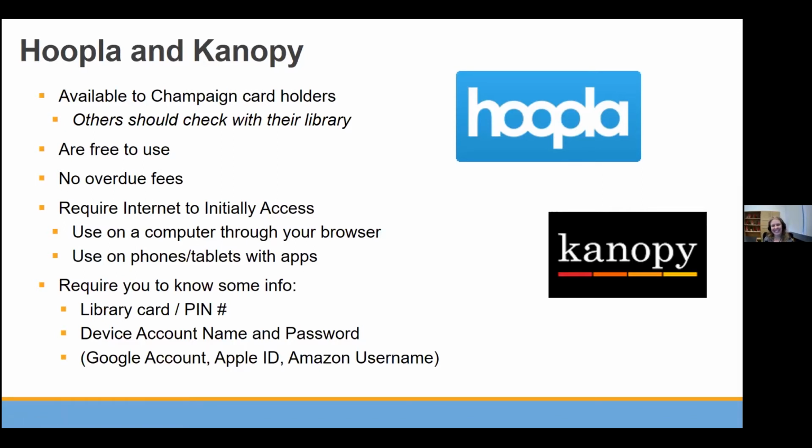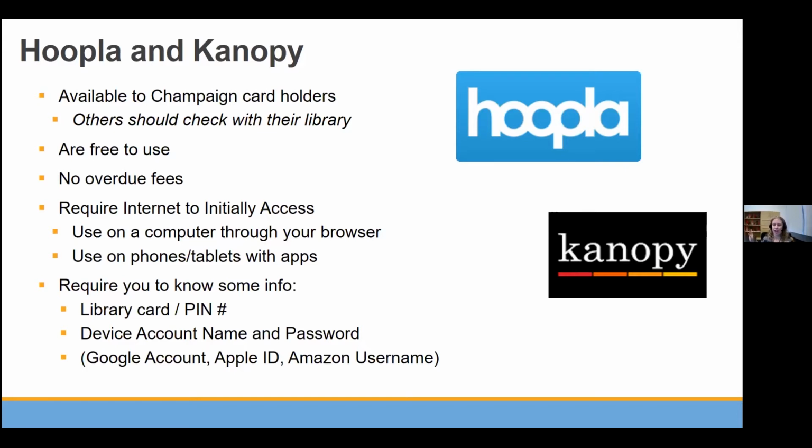Someone's asking, let's see, can you put all that in once and have it be saved for the future? I'm guessing that's referring to the library card number once you log in. Yes. So once you've logged in for the first time and you've created your account, the library card and PIN number are stored within the app or within the browser.